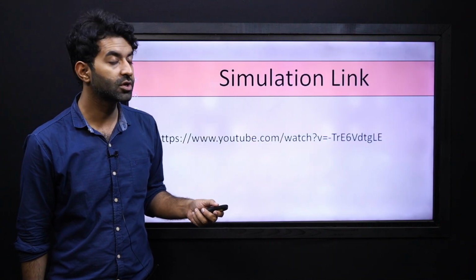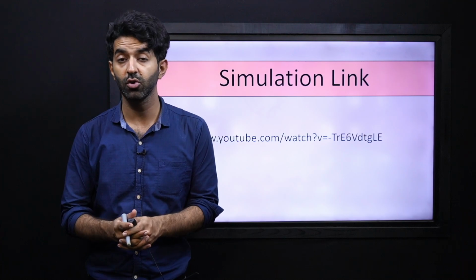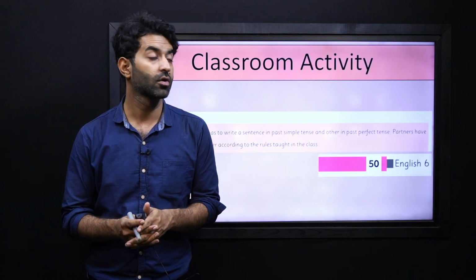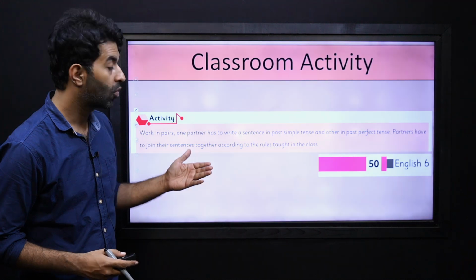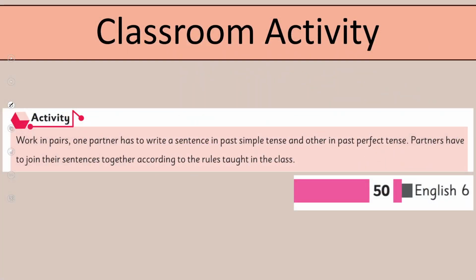Now here, students, is a simulation link you can watch later on, and for your classroom activity, what you are going to do is work in pairs. One partner has to write a sentence in past simple tense, all right, and your partner in the past perfect tense.